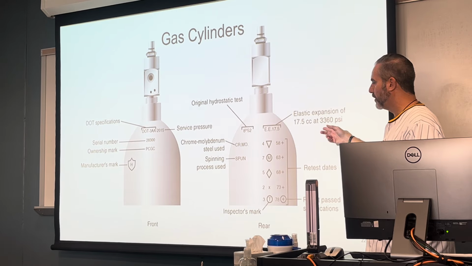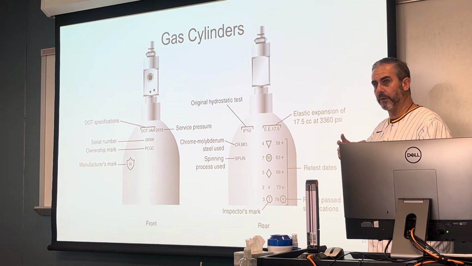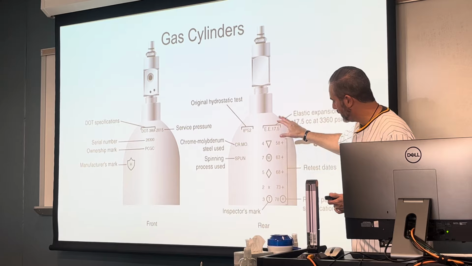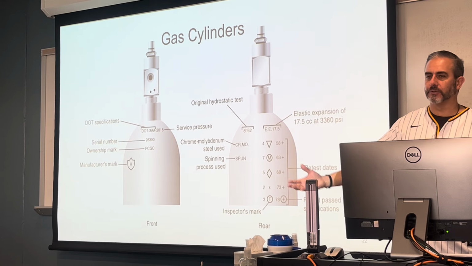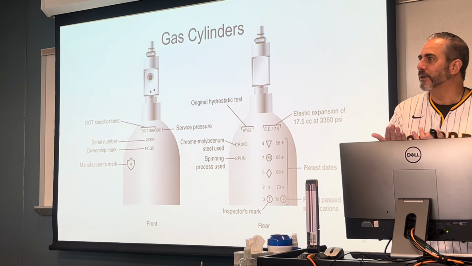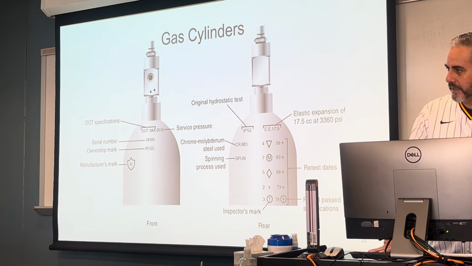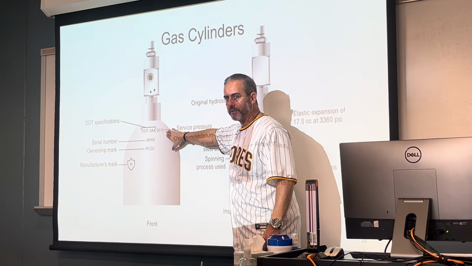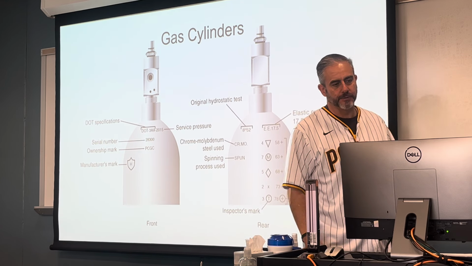So that was the testing, and that's going to be stamped there on the tank. Different retest dates and other codes that the manufacturer is well aware of, and we would have to look up in a book to see what some of the other things mean. But I want to point out that service pressure will be stamped on that cylinder.